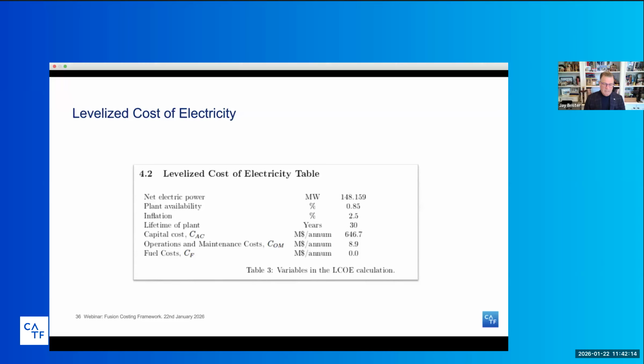And then, as we said, as we progress through this over time, with input from the industry, with input from all of you, is begin to refine the inputs, refine the credibility, and progress in parallel with the development of the technology to get to an LCOE that is more realistic. But of course, that is going to be very, very time dependent and dependent upon the maturation of the various fusion concept power plant designs as we progress through this as well.